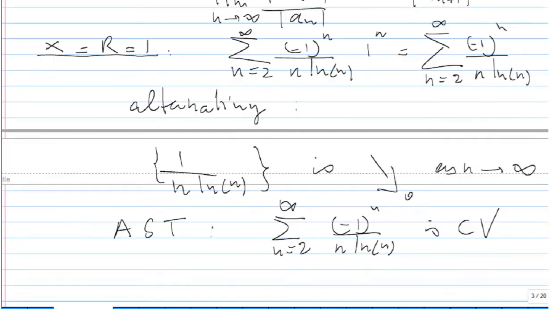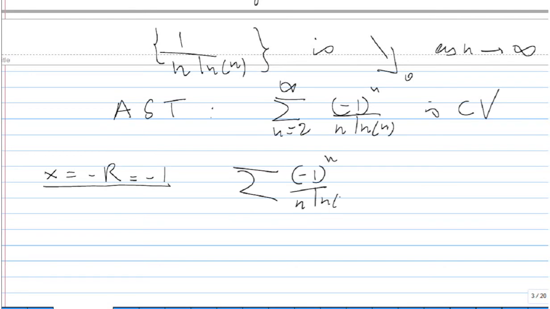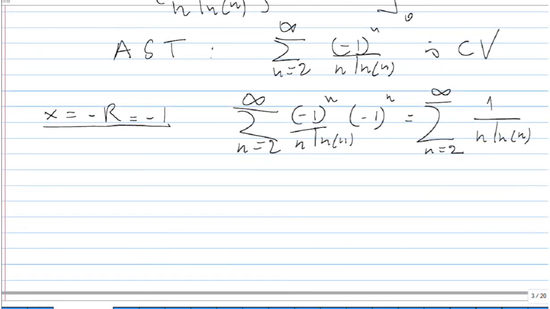Next, we look at x equals minus r, minus 1. In this case, the series becomes the sum of 1 over n natural log of n, from n equals 2 to infinity. For this one, we can use the integral test, because this is a Bertrand series.